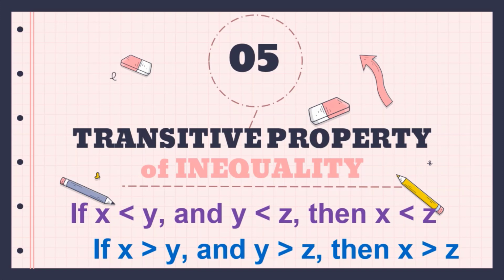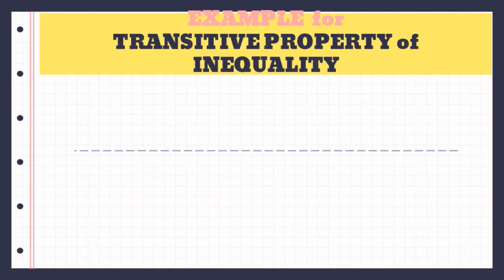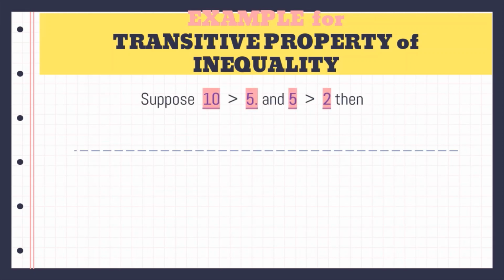So, ganun din kapag x is greater than y, and then y is greater than z, then x is greater than z. So, kung dito sa less than, si x ang pinakamaliit. And dito naman sa greater than, si x ang pinakamalaki. Okay? Sa kanilang tatlo. So, we have here 10 greater than 5, and then 5 is greater than 2.